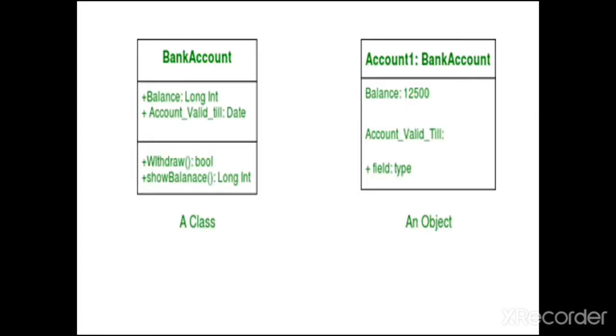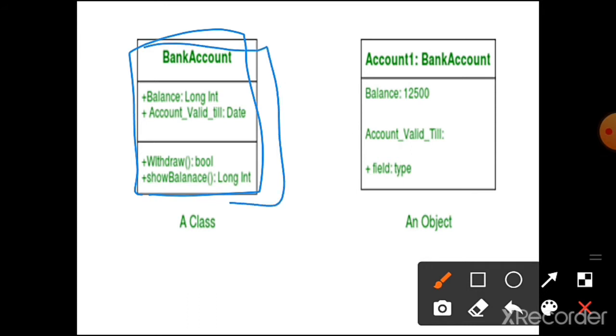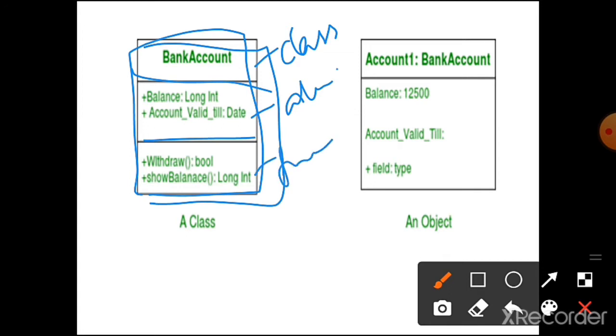This is the representation of a class in a UML model. The class is represented within a rectangle and it has three sections. First, it indicates the class name, then attributes, then functions, the member functions.